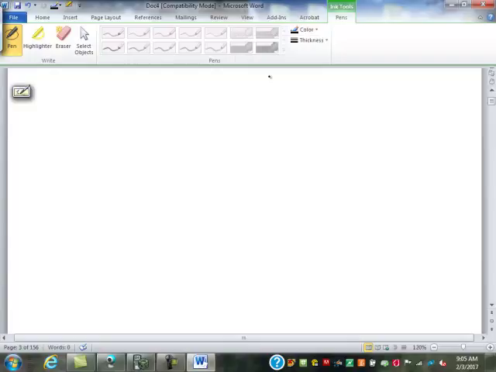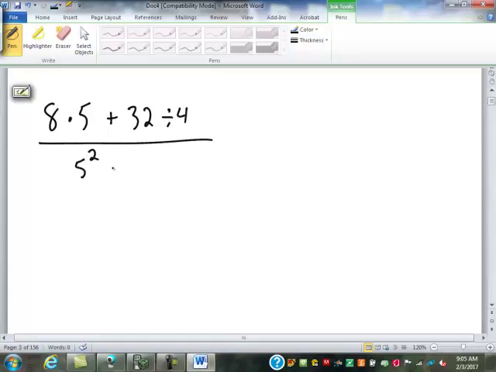Okay, so another type of problem, another type of enclosing symbol might look like this. To understand a problem like this, we have to understand this symbol here.